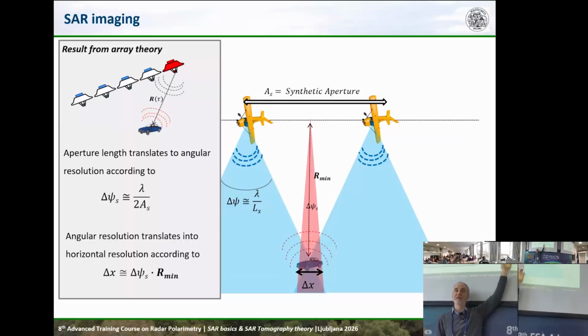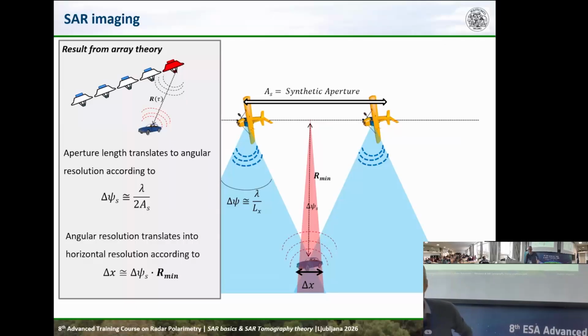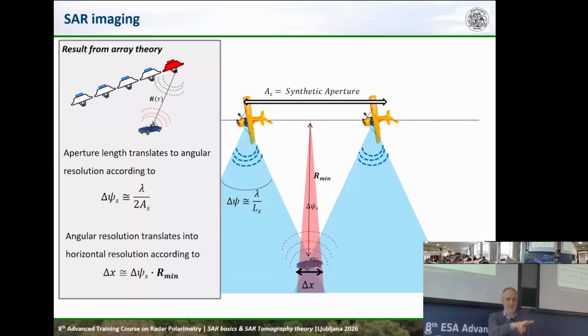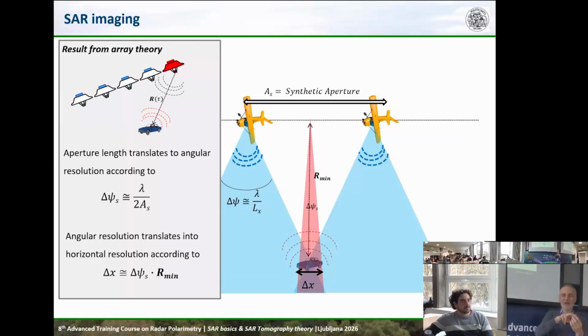So basically, you can imagine that if you have the capability to resolve targets because you have an angular resolution like this, which can be something like 10 degrees, this can be enough to resolve you when you are close, but when you go farther away, then we have an increasing linear resolution.